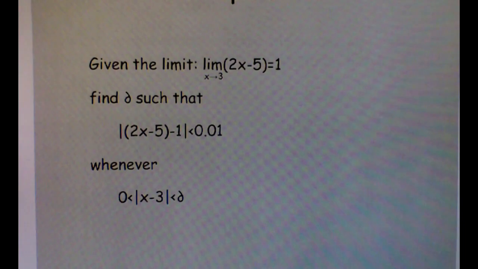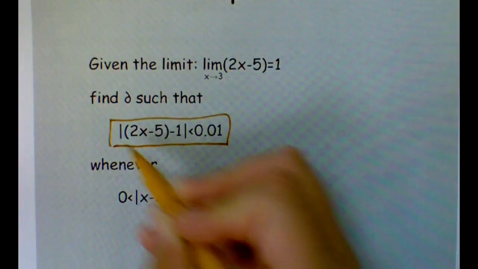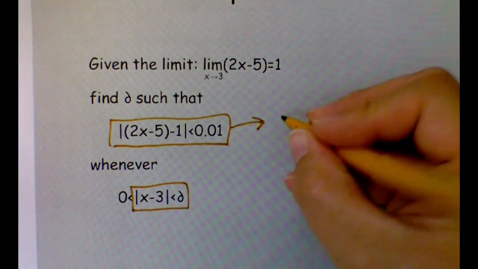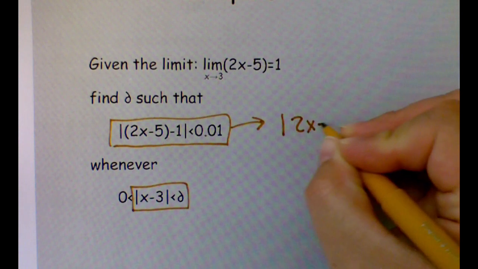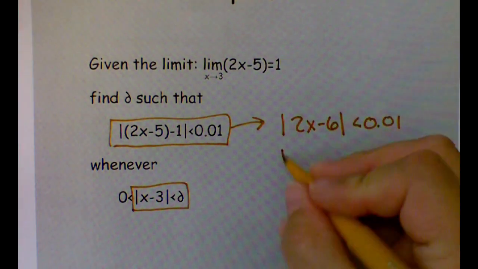Given the limit as x approaches 3 of 2x minus 5 equals 1, find delta such that the absolute value of 2x minus 5 minus 1 is less than 0.01 whenever 0 is less than the absolute value of x minus 3 is less than delta. All we have to do is get this inequality to look like that, except we'll have a number instead of delta. So I'm going to rewrite this inequality. I'm going to combine my like terms, so 2x minus 6 less than 0.01. And then I see there's a GCF. I'll take a 2 out.